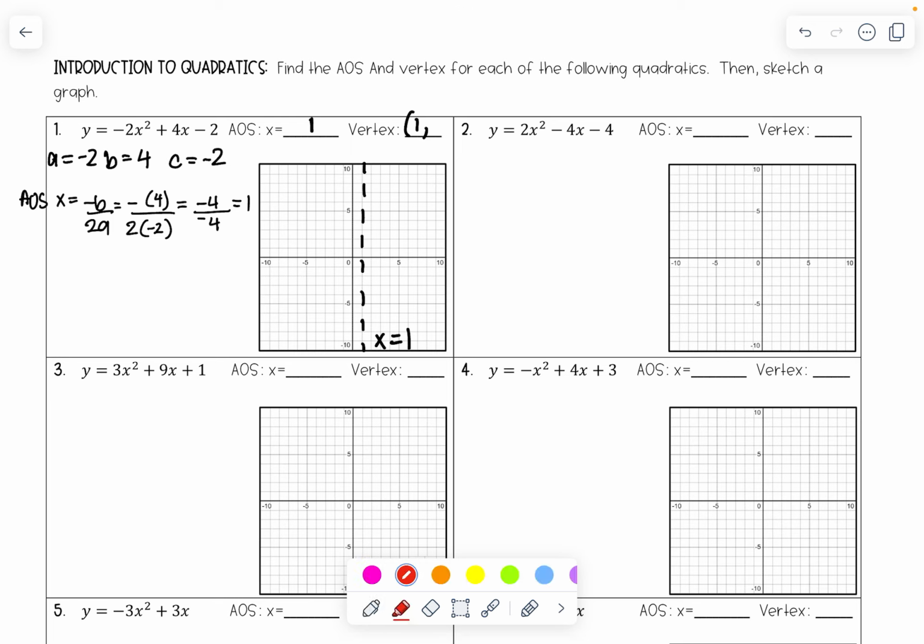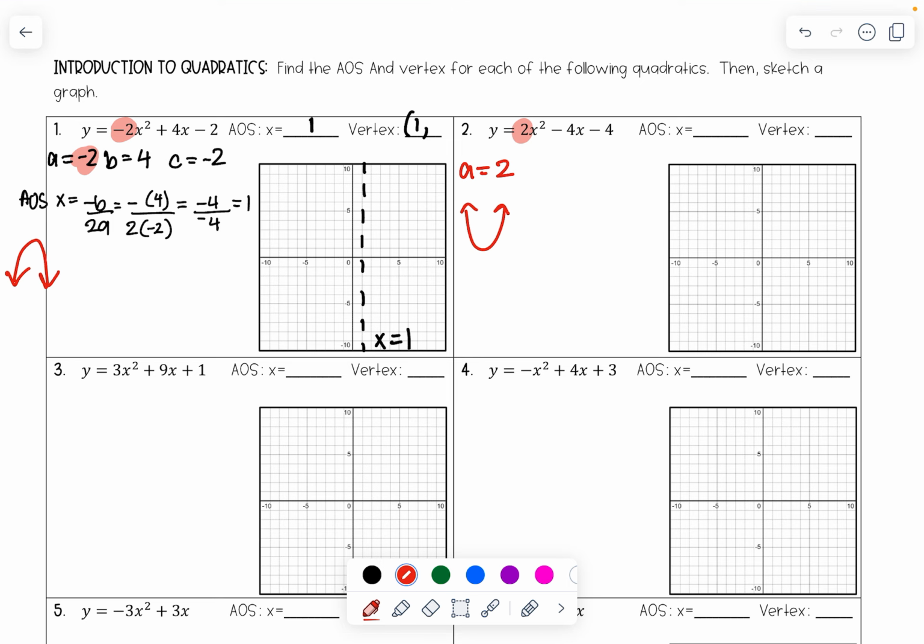Since a is negative, I do know that my graph is going to look like a sad face. If a is positive, just like in problem number 2, then I know the general shape will look like a smiley face.